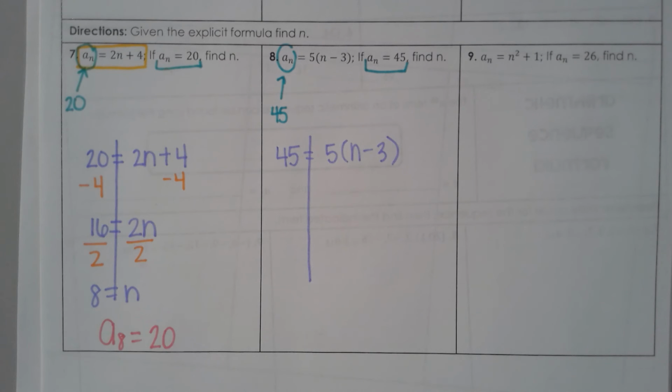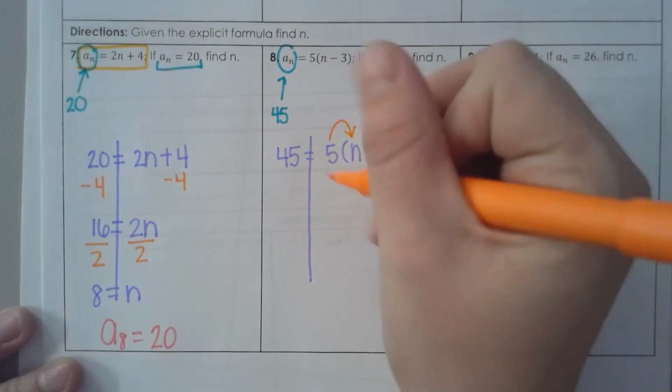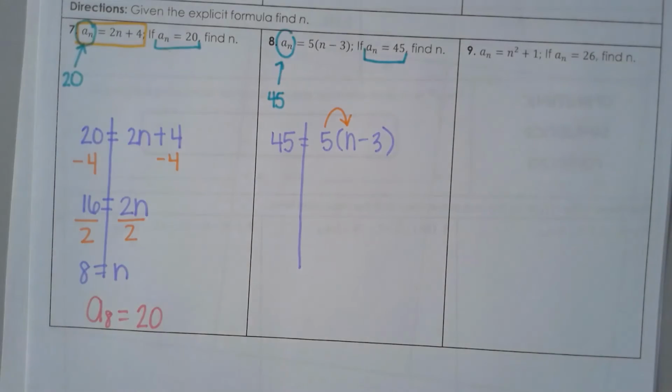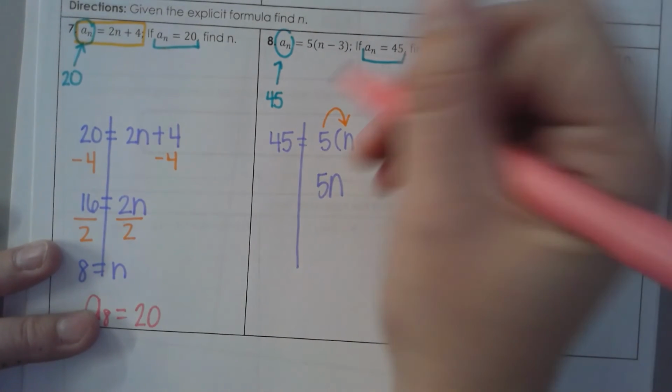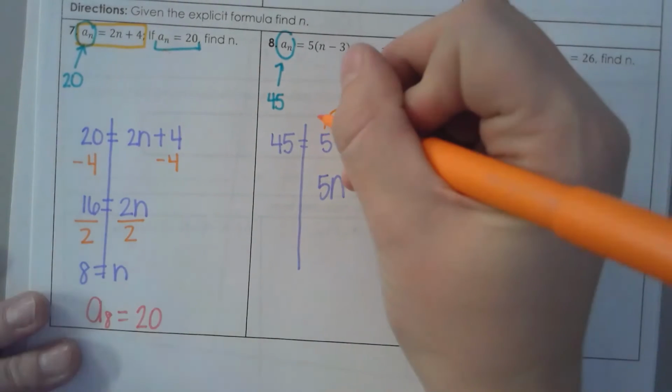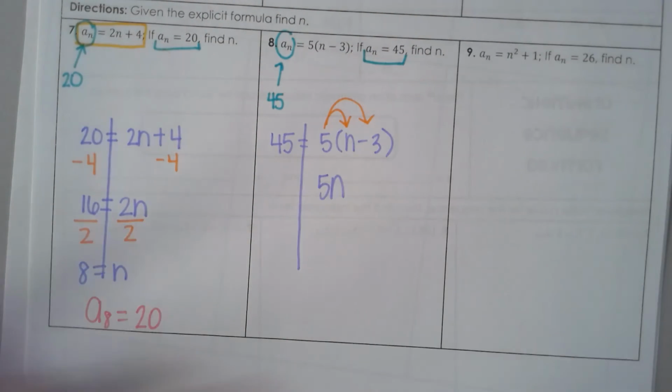What step do I need to take first? Distribute the 5. So 5 times n is 5n. 5 times negative 3, that would be a minus 15.